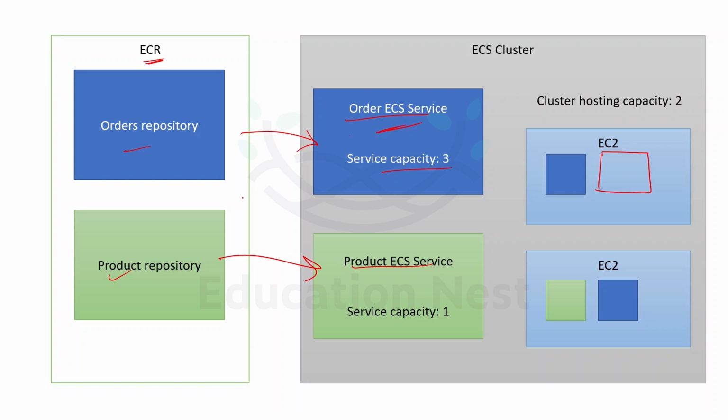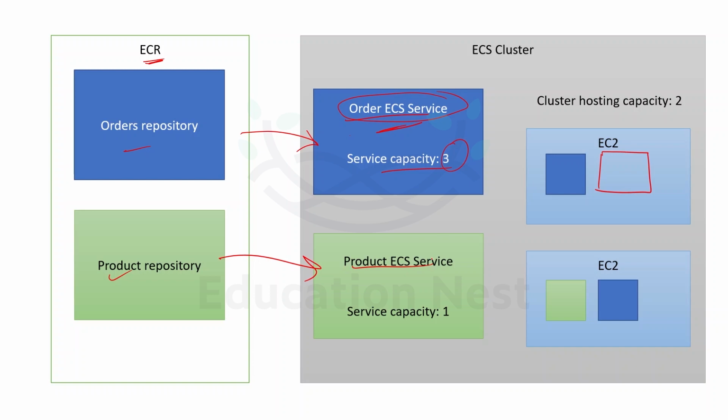Again, I have given service capacity 3. Service capacity 3 basically means the number of containers running a specific task for a service. So if we say order service, then 3 containers are required for running this order service.